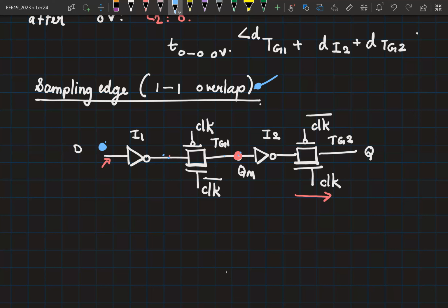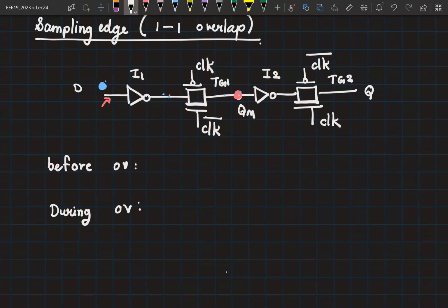That can change if I assume clock bar is an advanced version of clock. So always sketch out the waveforms and determine which overlap is associated with which edge. So as before, you start out by writing what happens before the overlap, during the overlap, and finally after the overlap.